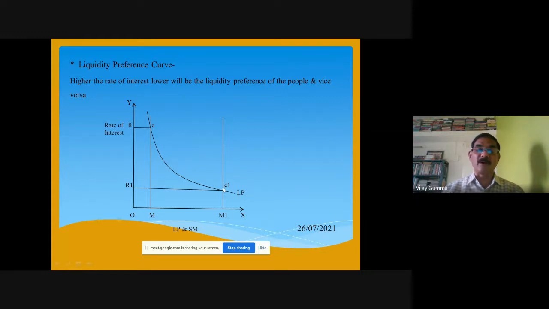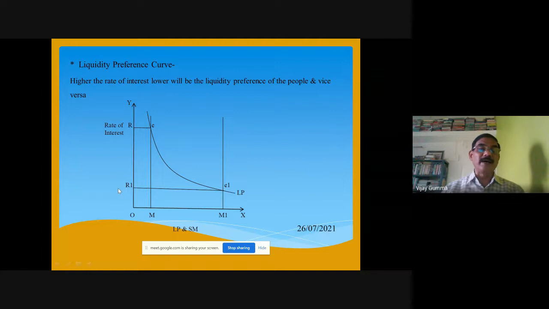At this equilibrium point, when the supply of money increases from OM to OM1, the rate of interest decreases from OR to OR1. In short, higher the rate of interest, lower is the demand for money. Lower the rate of interest, larger is the demand for money. While the demand for money remains constant, when the supply of money increases from OM to OM1, rate of interest decreases from OR to OR1.